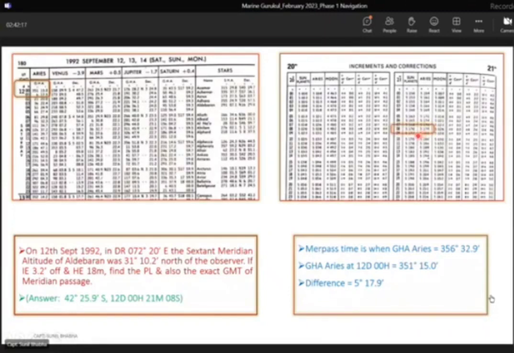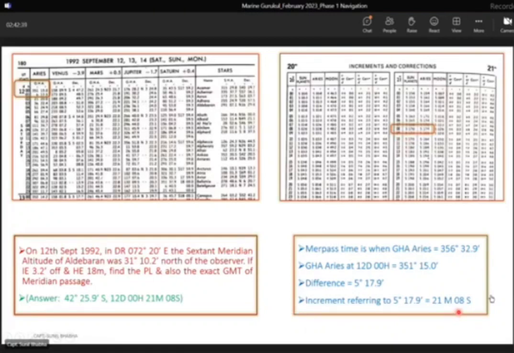This is where the value of 5 degrees 17.9 minutes is, and this refers to 08 seconds. So the increment of 5 degrees 17.9 corresponds to 21 minutes and 8 seconds.